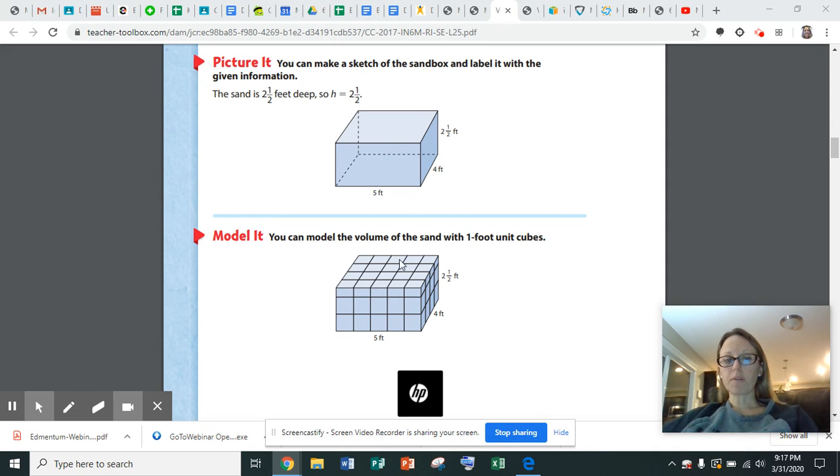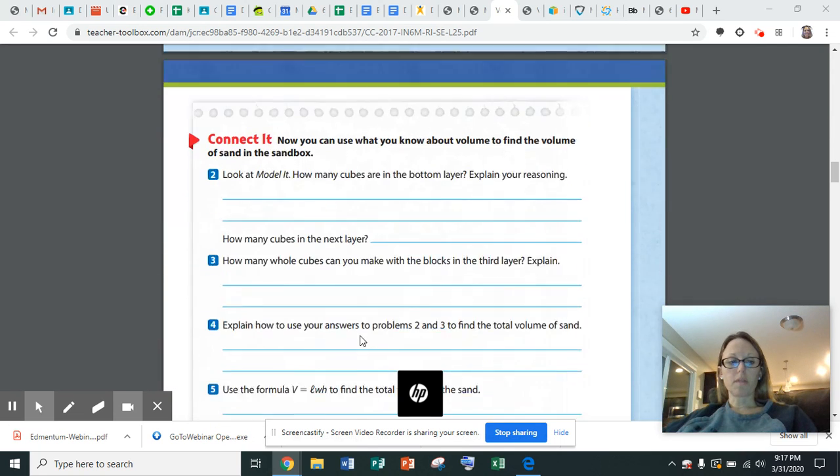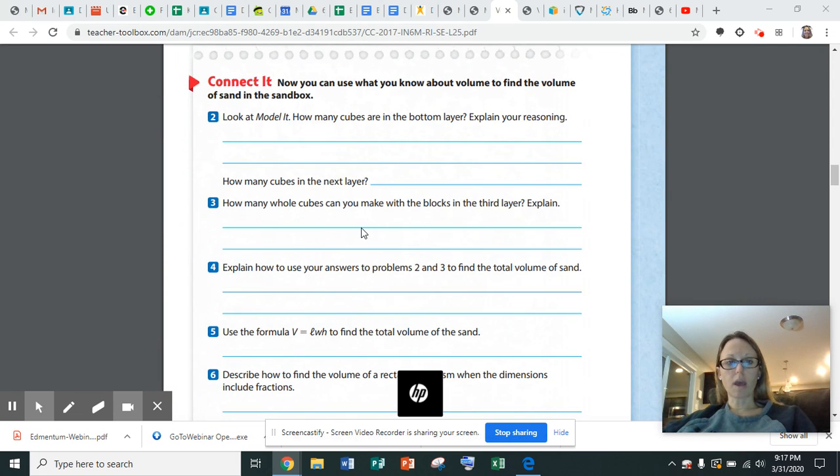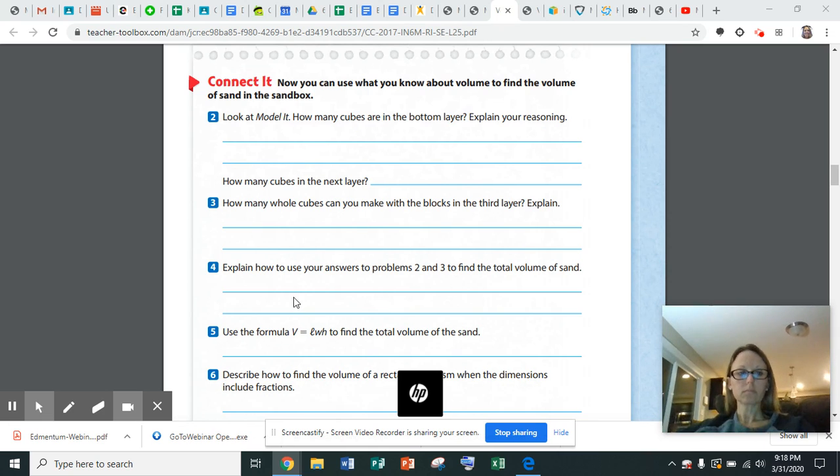But if you think of it, you know that the bottom two layers had 20. So if the top layer has 20 half cubes, then how many whole cubes would that be? Well, it would be 10, because 10 times 2 is 20. So the answer that you got for number 3 should have been 10 whole cubes, because there's 20 half cubes.